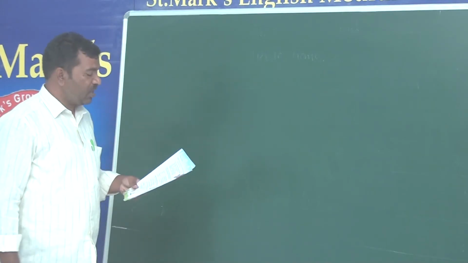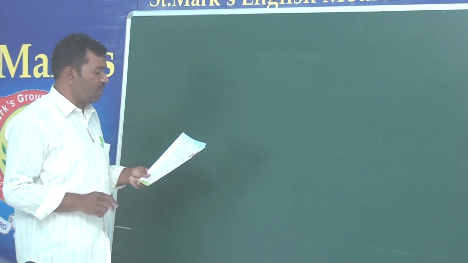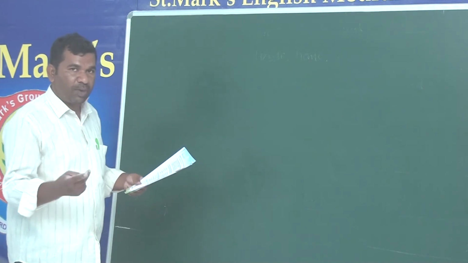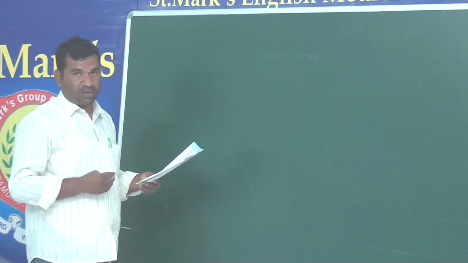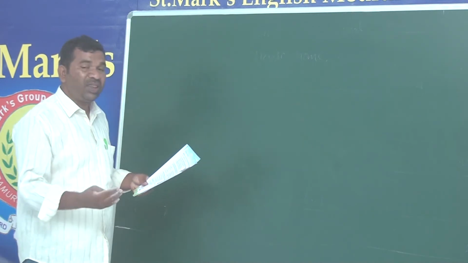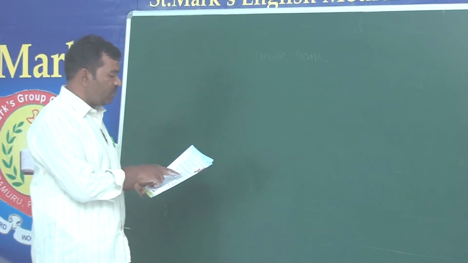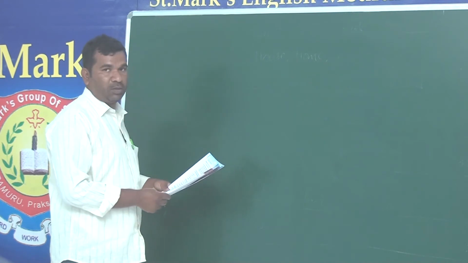Okay children, the next exercise, that is B1, and in this exercise you are given two columns, column A and column B. Column A consists of the verbs and column B describes the words. Understand? All of these are ways of people's walk.